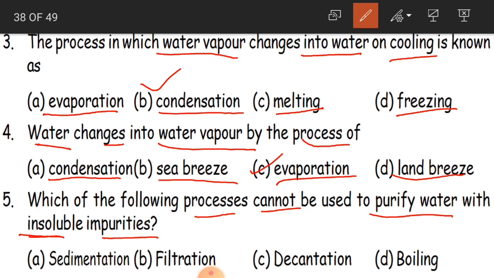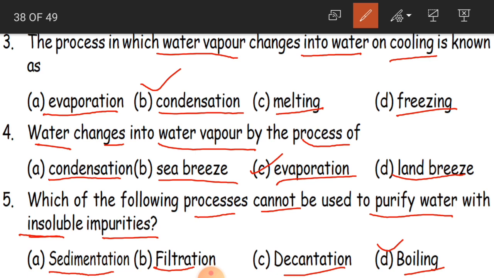By which process can we not purify water with insoluble impurities like sand, dust and all that? Is it sedimentation, filtration, decantation or boiling? And the answer is children D, that is boiling.